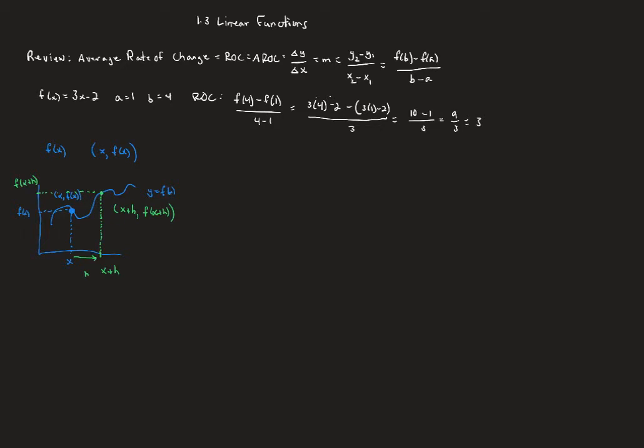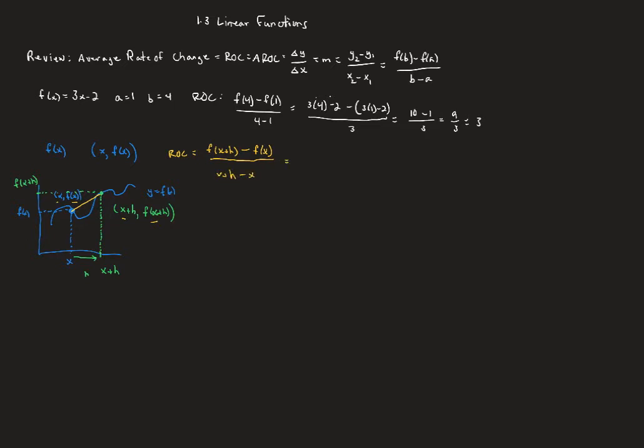Crazy. Now, the average rate of change, or the slope of the line joining those 2 points, means the same thing. So our rate of change is going to be the change in the y values. f of x plus h is the y value on the second point, minus f of x, which is the y value on the first point, all over the x value on that point, x plus h, minus the x value on the other point.